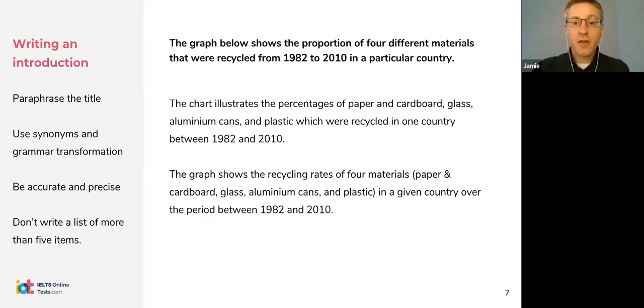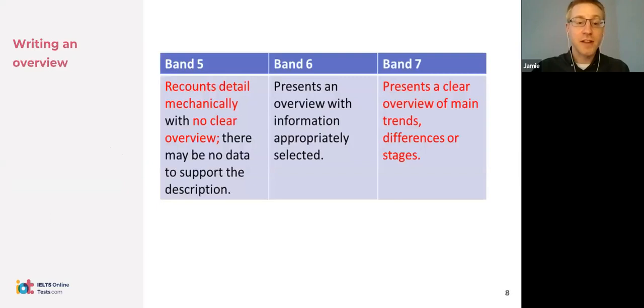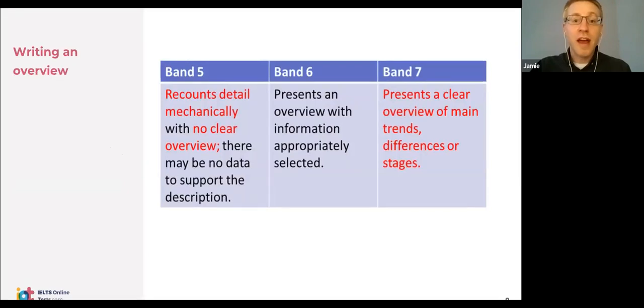We have written an introduction. The next step is to write an overview. Now I'm showing the band here for task 1 to emphasize the importance of writing an overview. You can see that for a band 5, there's no clear overview.